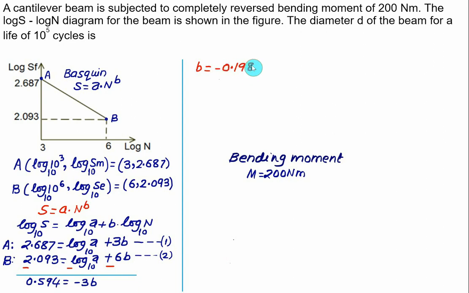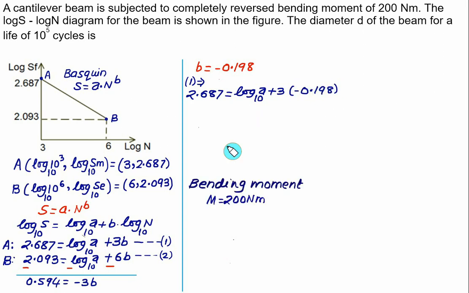Now we put this value of B in equation 1 and solve for A. So 2.687 equals log of A to the base 10 plus 3 times B, and 3 times B is minus 0.198.